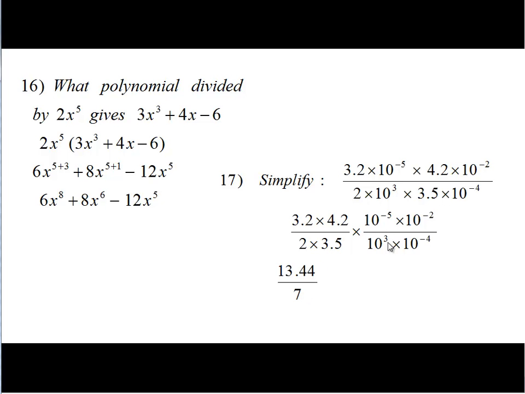Then I move my tens around. Take 10 to the 4th up to the top, 10 to the 5th down, 10 squared down. And then I simplified this. This is 10 to the 4th on top, 5, 8, 9, 10 to the 10th on the bottom. And then I'm going to subtract those, and I get 1.92 from this decimal, and then 10 minus 4 is 6. Since it's on the bottom, it's negative.